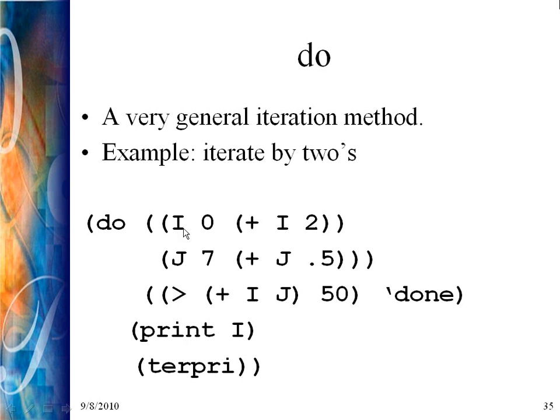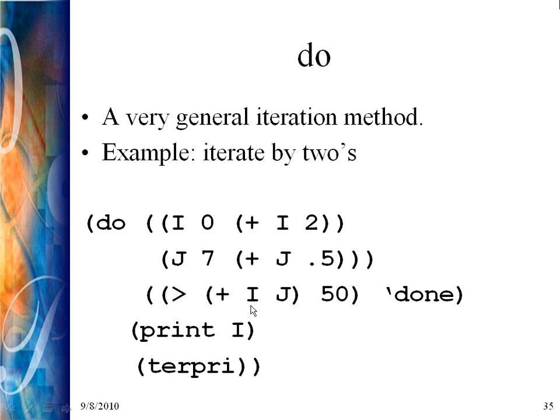So we have the variable i, its initial value, and then the form which is evaluated each time through the loop. So i starts at 0, and the next time through the loop, it is set to this value. In other words, i is incremented by 2 each time. j starts at 7, and each time subsequently through the loop, it's incremented by 0.5.